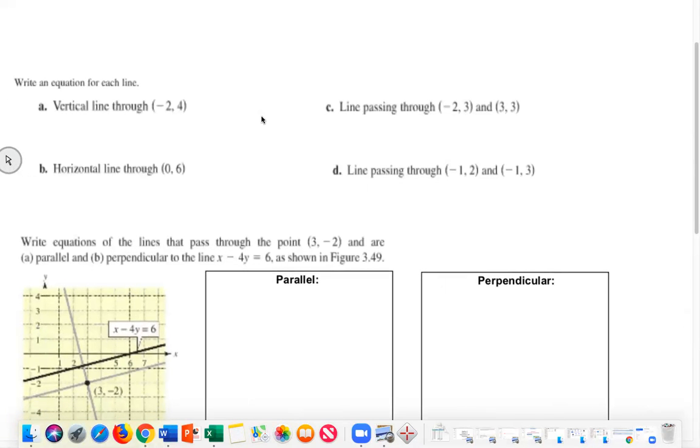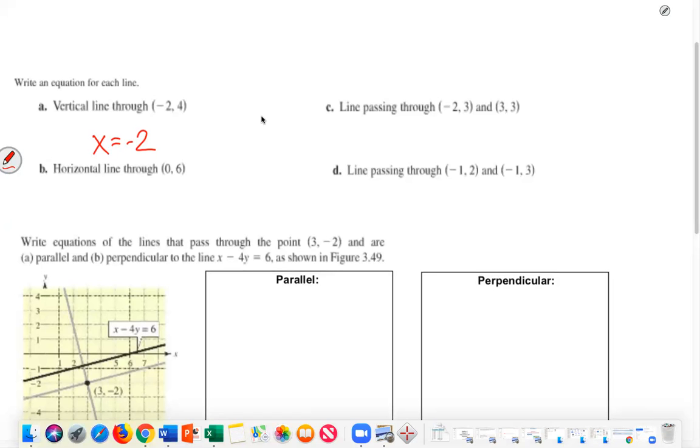Writing the equation of lines that are vertical and horizontal, we're just going to do A and B, and I'm going to call it a day because, no, we'll do C and D. Here we go. A tells me it's a vertical line, right? Vertical lines are x equals a number, correct? What does x equal in this problem? Done.